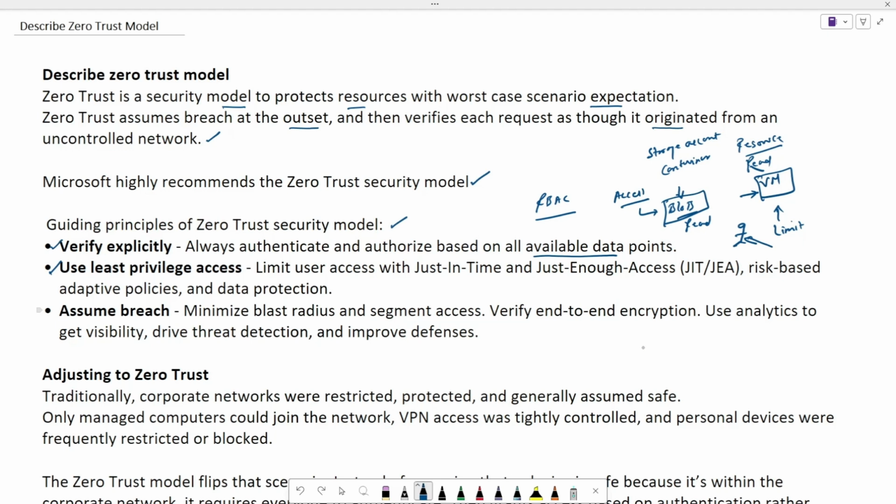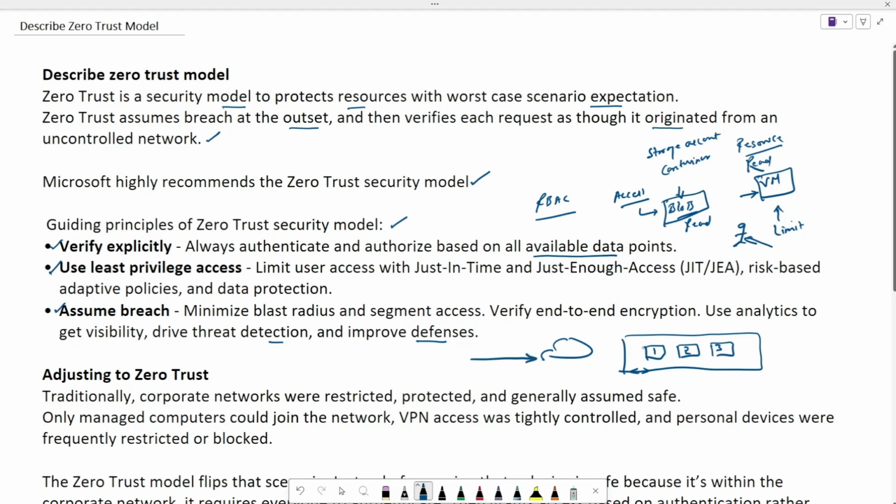Always assume breach, minimize blast radius and segment access, verify end-to-end encryption, use analytics to get visibility, drive threat detection, and improve the defenses. Let us say we have some services running on the Azure cloud, and this is the virtual network. We have created some subnets here. There is a 3-tier application which is running. This is the first tier, this is the second tier, and this is the third tier.